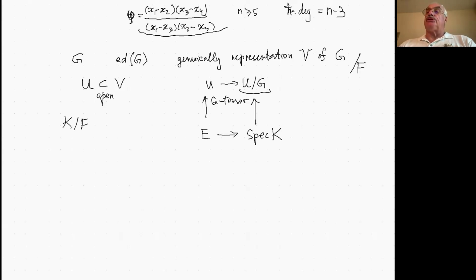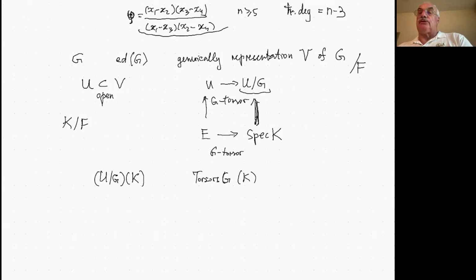And remember that this thing belongs to the structure we denoted G torsors over K. We started with the points of U mod G over K. So for any morphism from the spectrum of K to U mod G, we have a torsor E. We have this map of two structures: one is a variety, the other one is the structure associated with a group G. And the thing is that it is a surjective map.